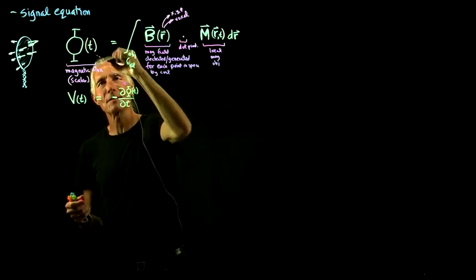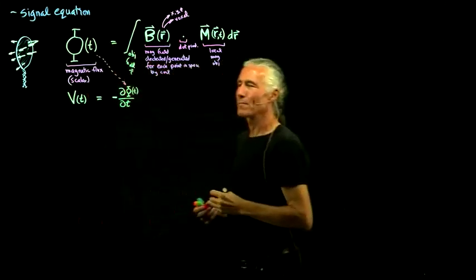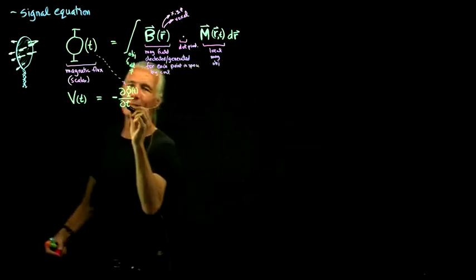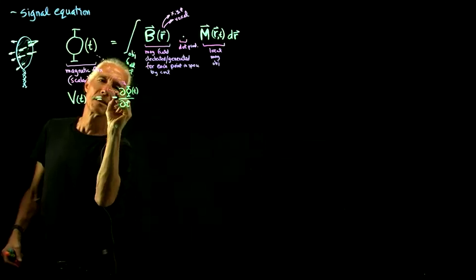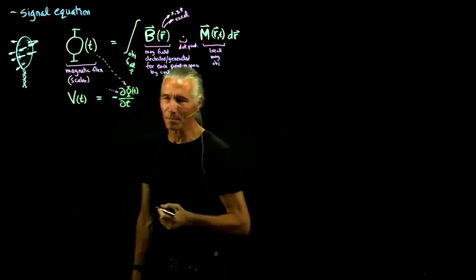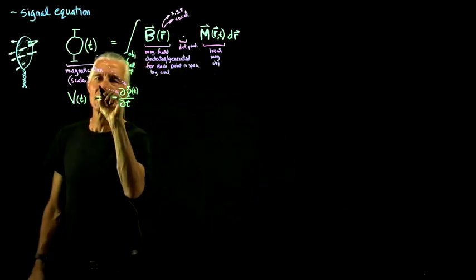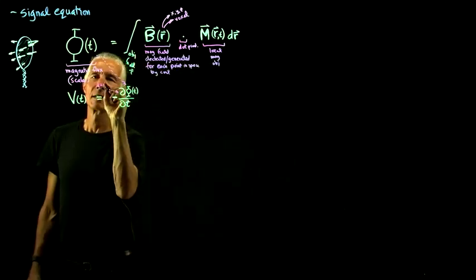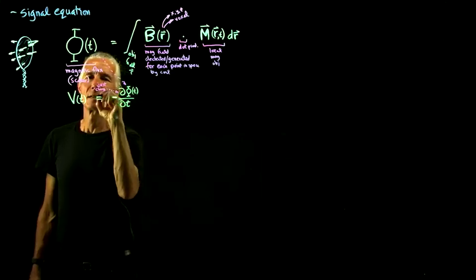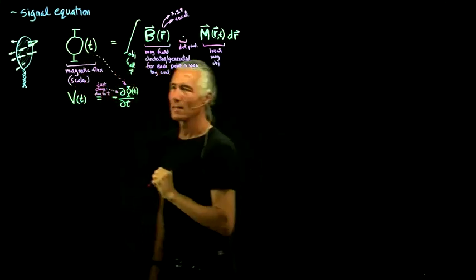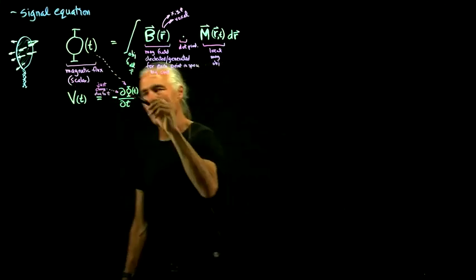And what does the partial derivative mean? The flux might be different in different places, but we don't care about that. Just change due to time.